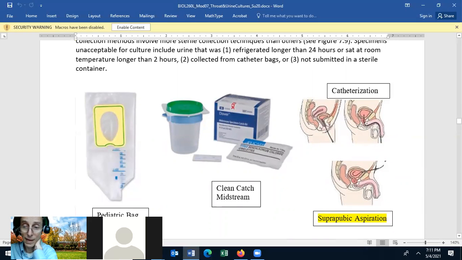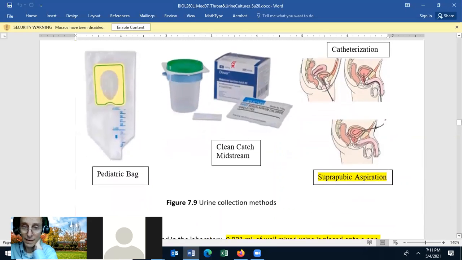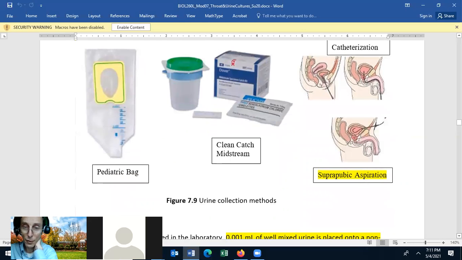An even better way, which the patients really hate, is suprapubic aspiration, where you put a needle directly into the bladder and then sample fluid directly from the bladder. Okay? Any question about the 3 ways we collect urine to test for a UTI?